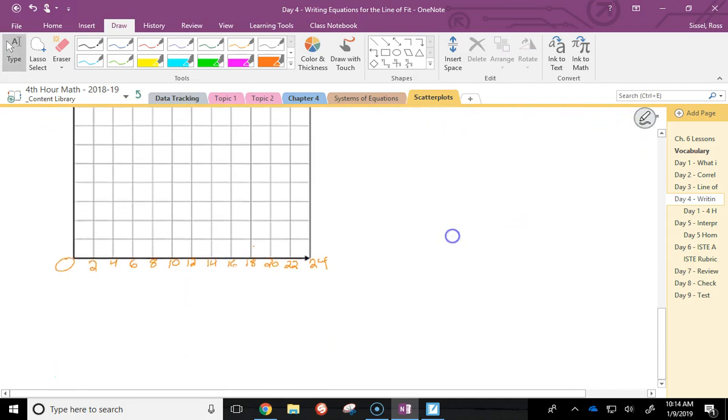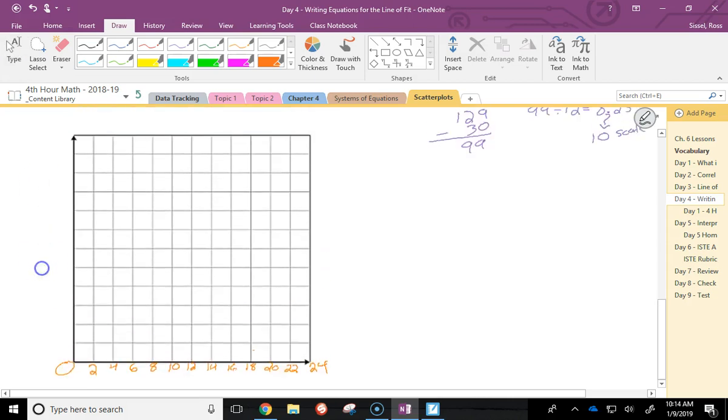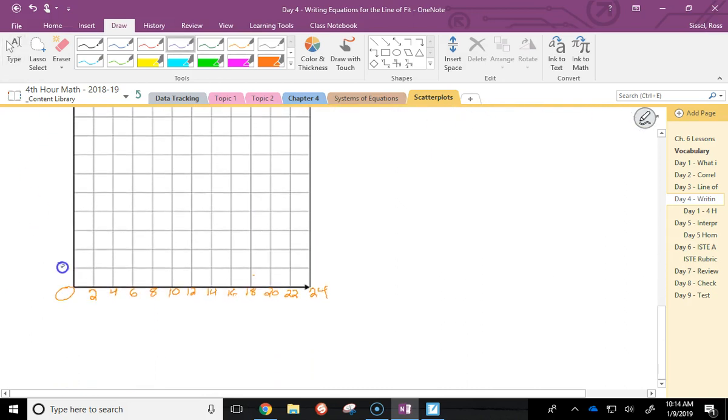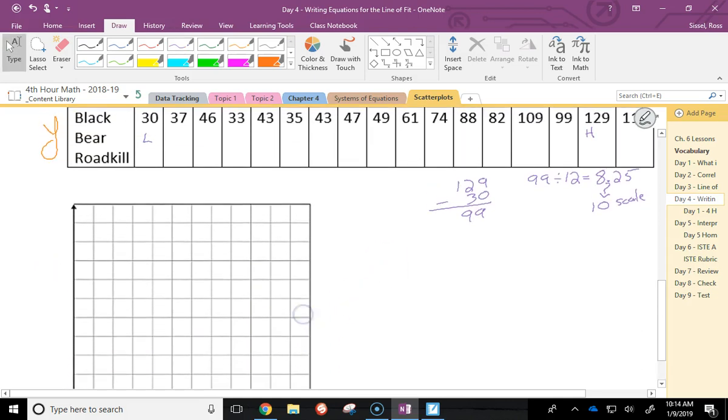If we go to our graph, here's 0. Before I jump by 10, remember, my first line wants to be my lowest value. And we said our lowest number was 30. So I'm going to write 30. Why did we go to 10? Because we found our scale was 8.25. So our lines have to jump by at least 8.25.